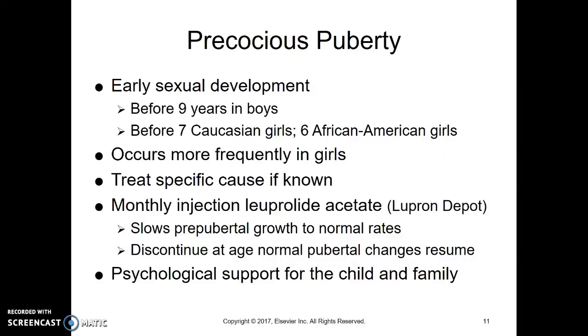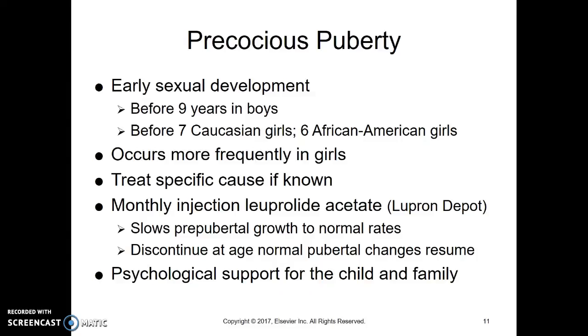So we're starting to see secondary sex characteristics before these ages. This happens more in girls than it does in boys. We really usually don't know why, but if we do know why, we're going to treat the cause. And if we don't know why, we can still treat it. It's a sub-Q injection once a month of Lupron Depot.